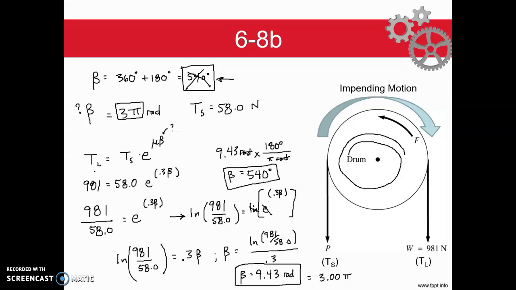So the main thing I wanted to point out here in this video is how to get rid of e out of the equation if you're trying to solve for a variable that is in the exponent. You need to take the natural log of the e exponential expression, and that will cancel it out. Take the natural log of the other side of the equation, and that's how you solve that.